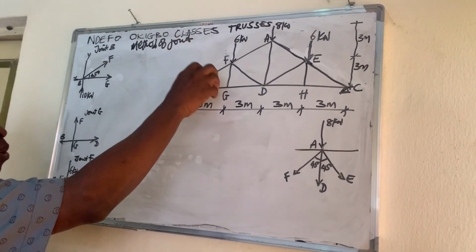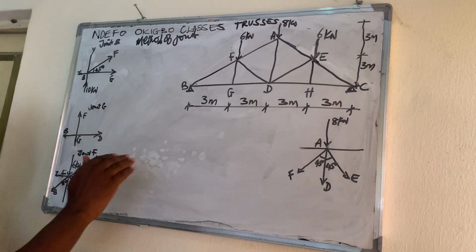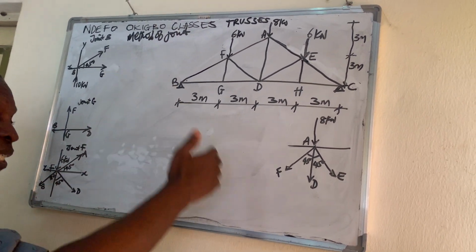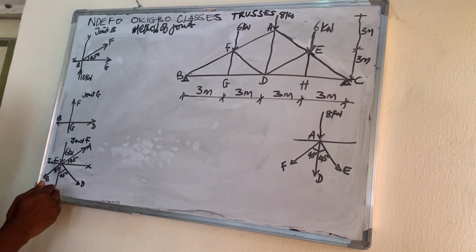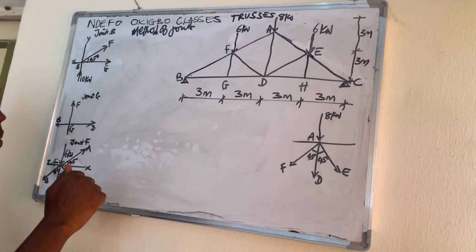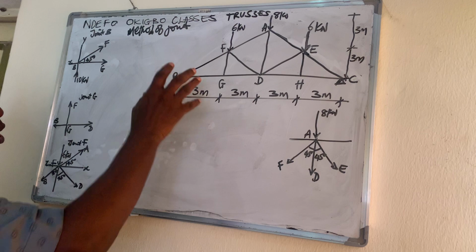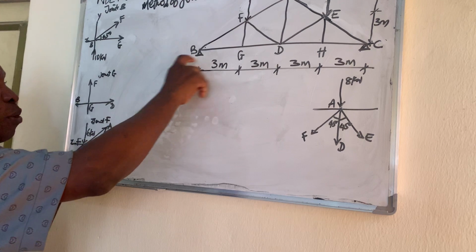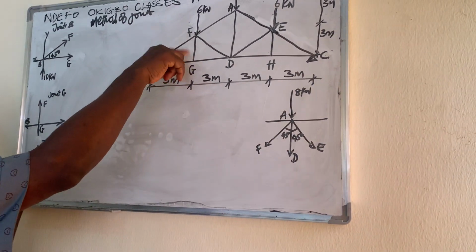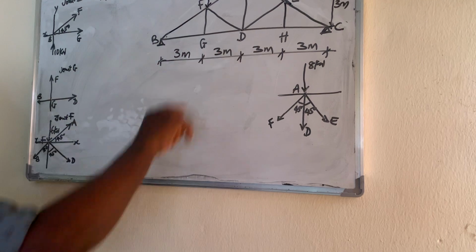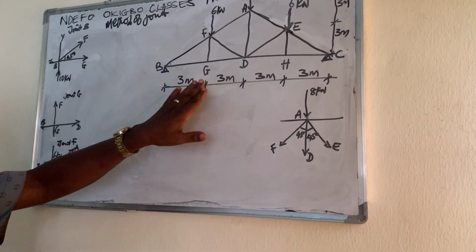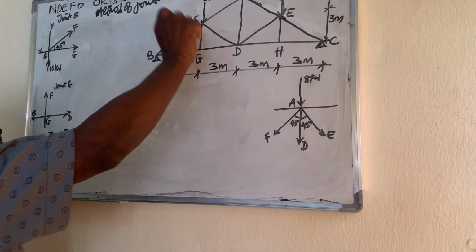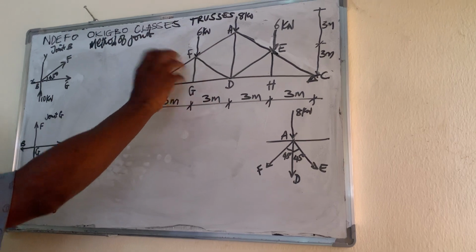When we finish joint B, we move to joint G. You look at the truss and see the joints that are easier based on what you have already gotten, that will enable you to get the remaining members. After joint B, we go to joint G, because by then we have gotten BG already. So we're left with BF and GD, and from the way the structure is positioned, GD will be equal to BG, so it's already done. I won't go to F if I have not done this, because it's simpler to come to G.